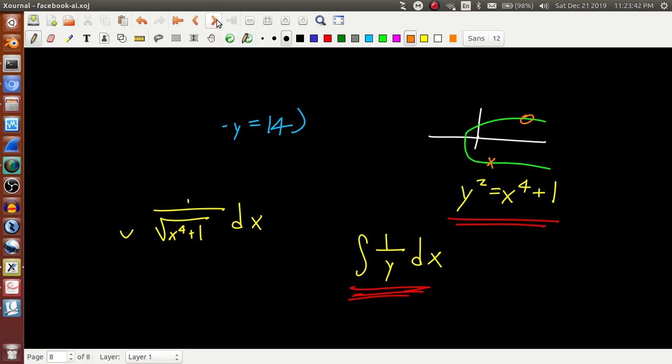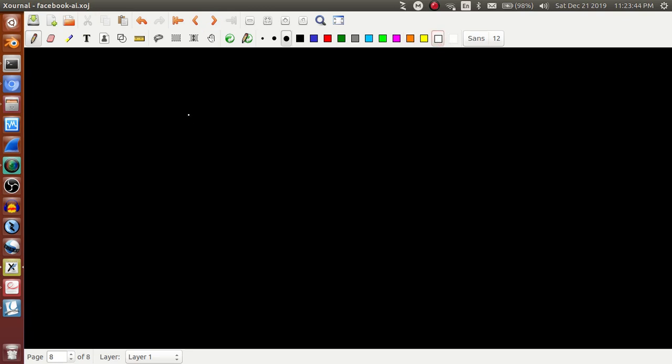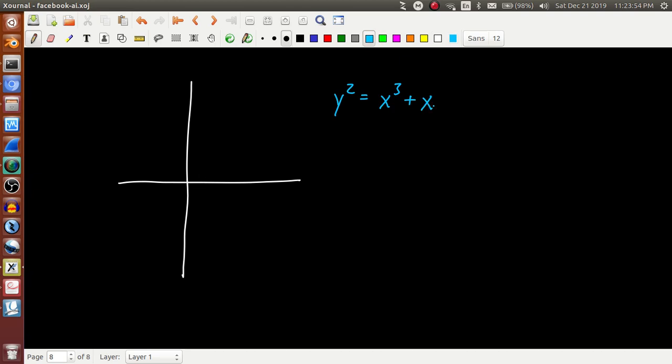And let me just draw another curve. A very well-known, famous algebraic curve. If I can remember it, I think I got it right. It looks kind of like this if you plot it. The crossing point is at the origin.